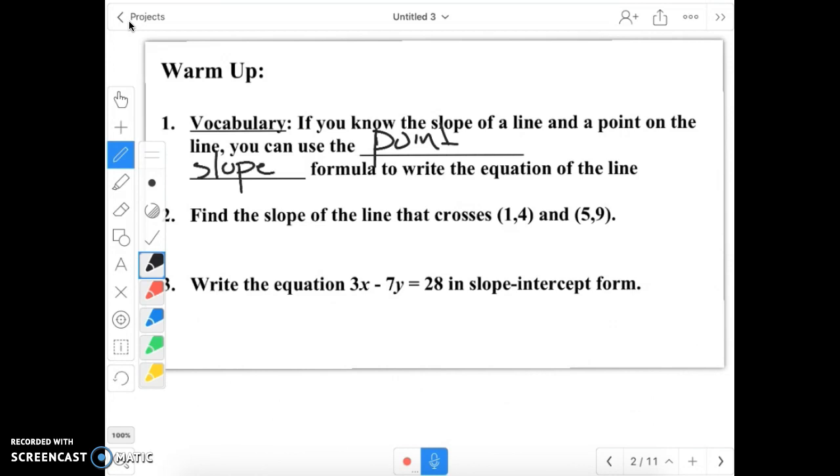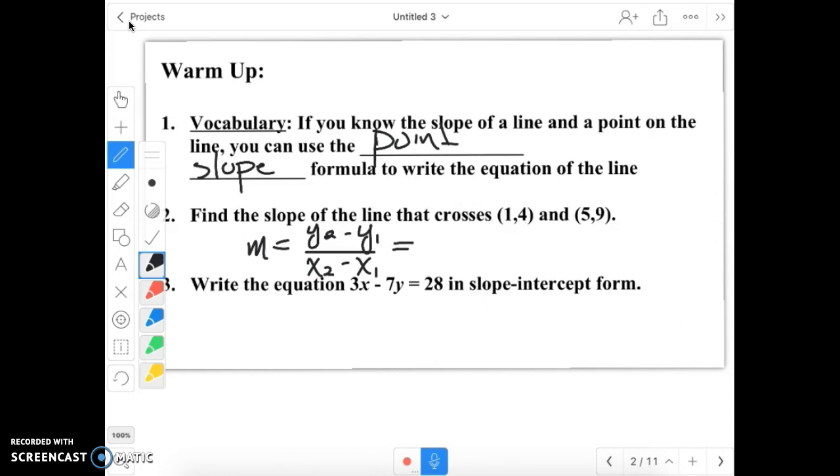And then if we want to find the slope of the line that crosses through (1, 4) and (5, 9), for that we were going to use our slope formula, which is m is equal to y2 minus y1 over x2 minus x1. Remember, for that, whatever our y2 is, that x value has to go with that.